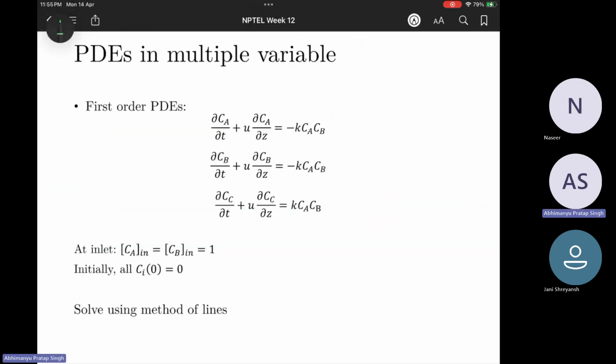Similarly to method of lines, we will be converting this set of PDEs into a set of ODEs.